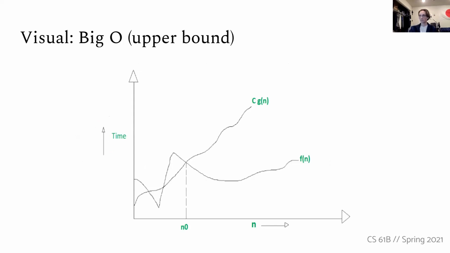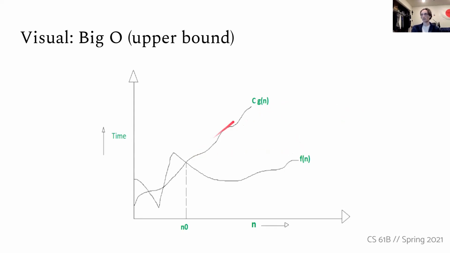So for big O, say we're trying to describe the time complexity of some function f of n. Well, big O here we would say is upper bounded by g of n for some constant c. So we could say that f of n is equal to big O of g of n, because as n goes infinitely large, g of n is always going to be greater than f of n.